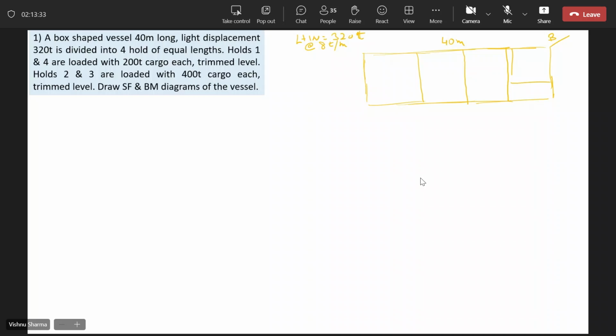Holds 1 and 4 contain cargo of 200 tons each, spread over 10 meters. So it will be like a UDL at 20 tons per meter. You have 400 tons here each, which was given as 800 tons over that.